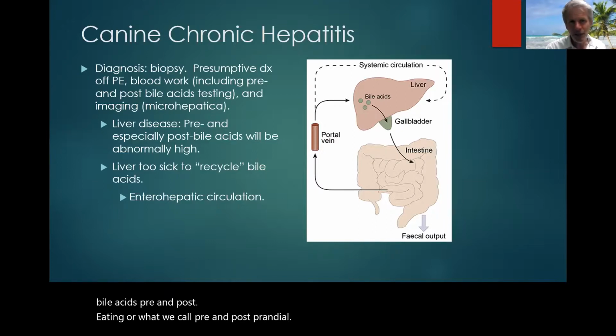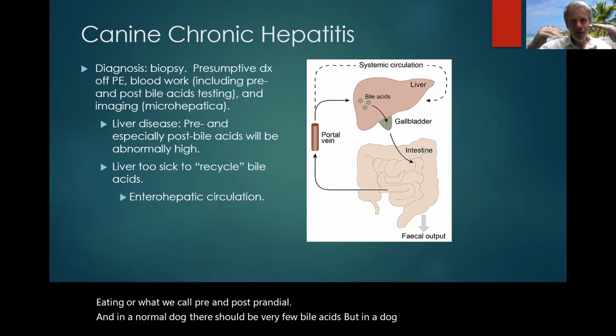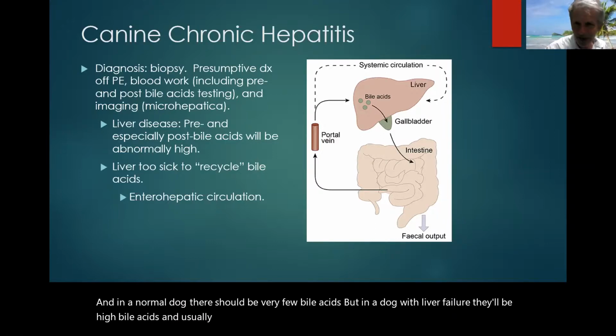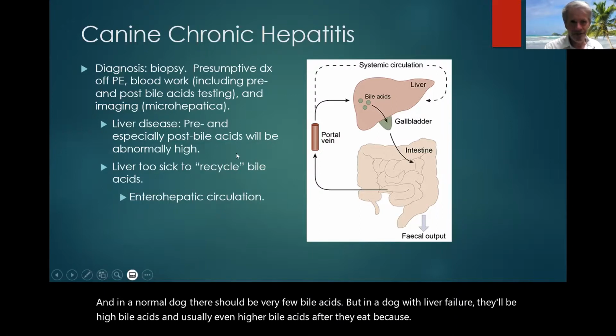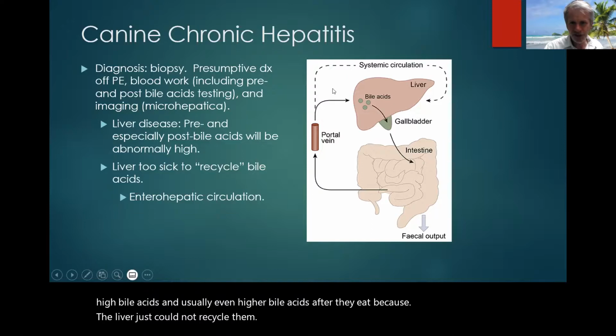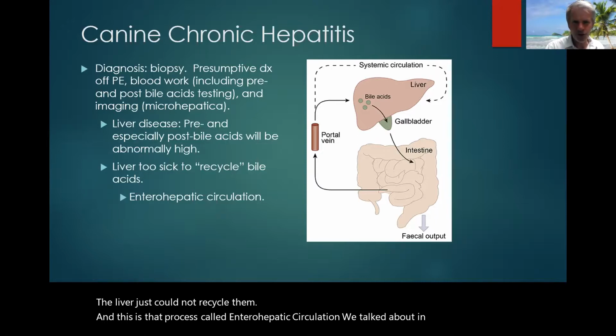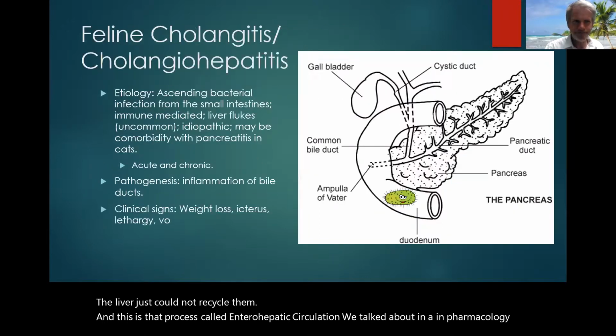In a normal dog, there should be very few bile acids. But in a dog with liver failure, there'll be high bile acids and usually even higher bile acids after they eat because the liver just could not recycle them. This is that process called enterohepatic circulation we talked about in pharmacology and physiology.